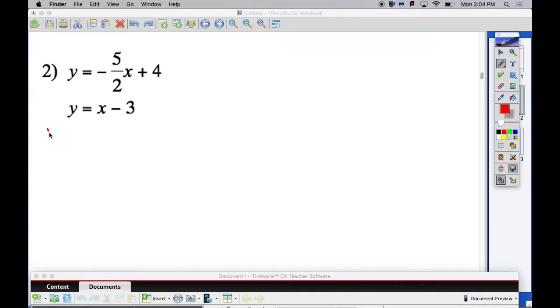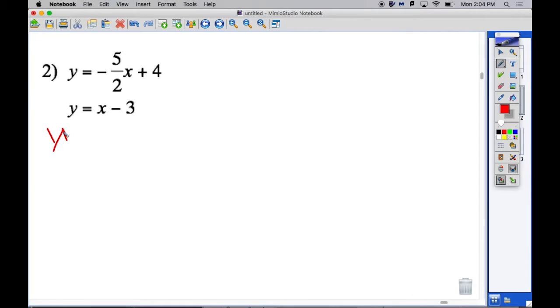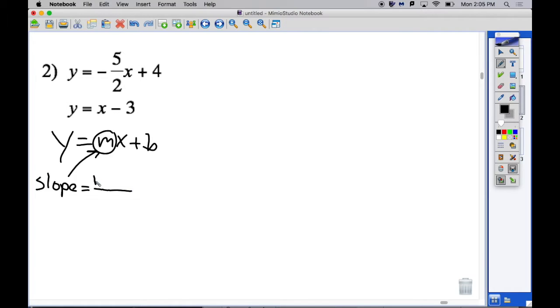We said that both of these are in slope-intercept form, right? What that means is that both these terms are written like this, where we have y is equal to mx plus b. And we said that m was the slope, which graphically is the rise over run, the up and the over.